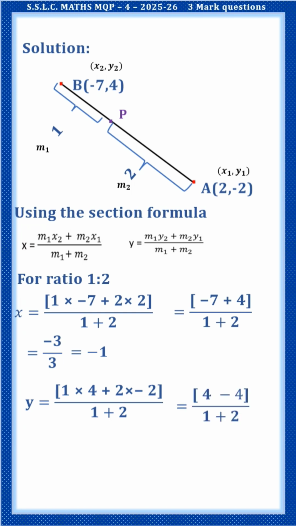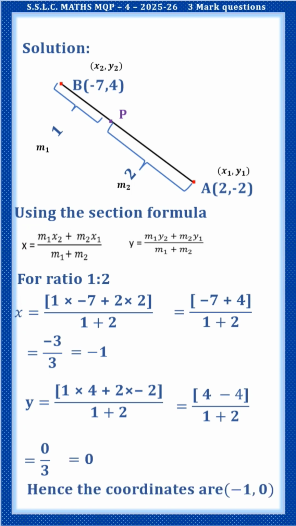When we simplify it, we will get (4 - 4) upon (1 + 2), which is equal to 0 by 3, which is equal to 0. So the coordinates of P are (-1, 0).